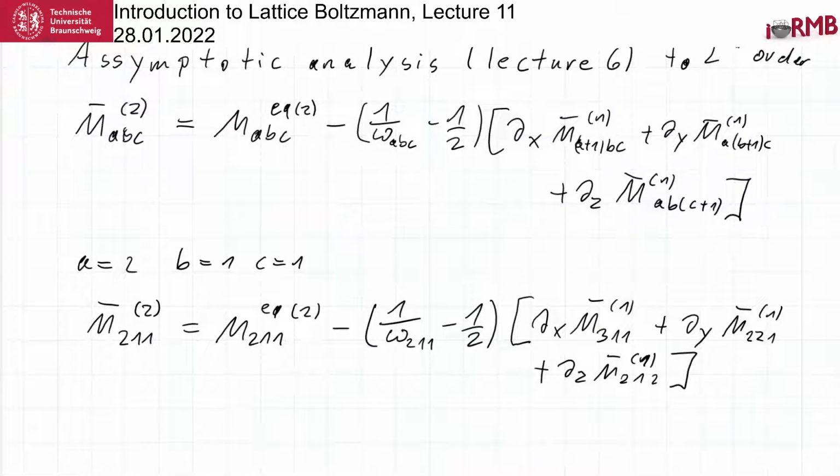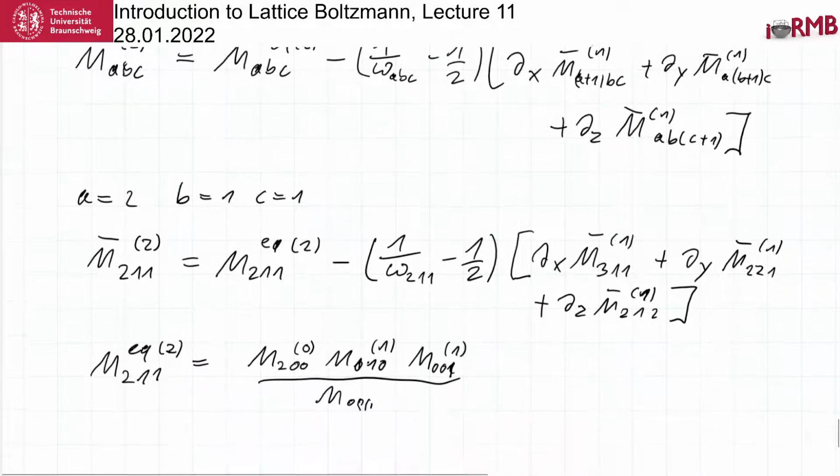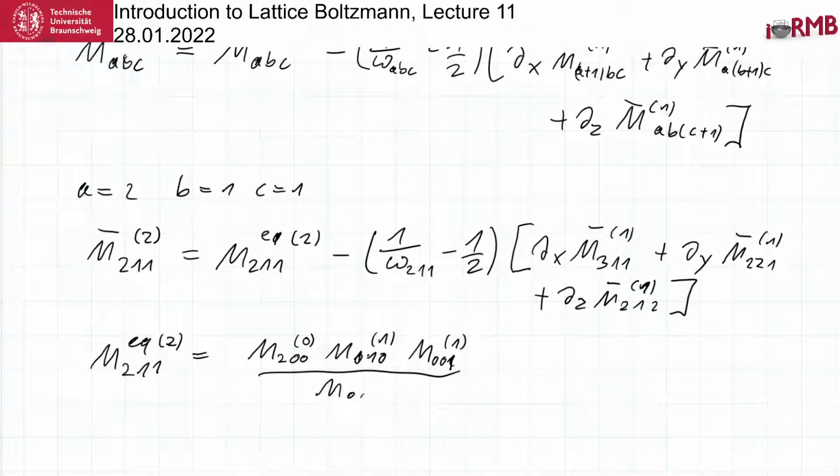Okay, now apparently we have to specify our equilibria. So the equilibrium of this M211 to second order is the factorization M200 to 0, M010 to first order times M001 to first order, and all of this normalized by M000 to zero order, squared.